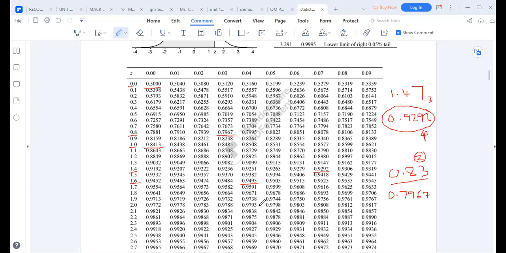With that being said, help me find the Z for probability 0.8900. Look for it inside. Is it 0.89 or 0.98? 0.98. Yes, 0.9800.